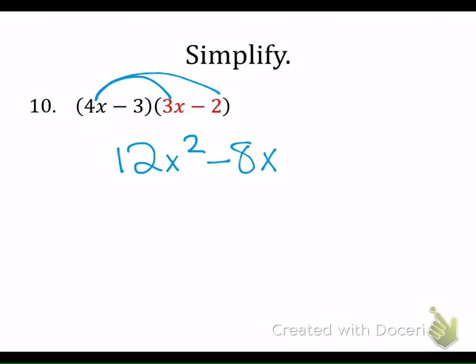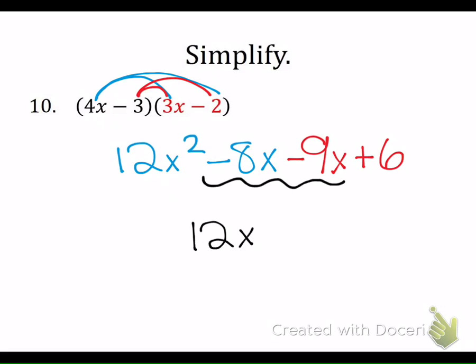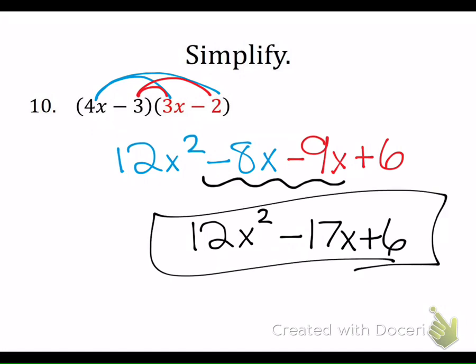So now negative 3 times 3x, which is a minus 9x, and a negative 3 times a negative 2, which is a plus 6. Like on the last one, we have some like terms in the middle. They're both negative, so add the numbers, keep the sign. And I end up with this.